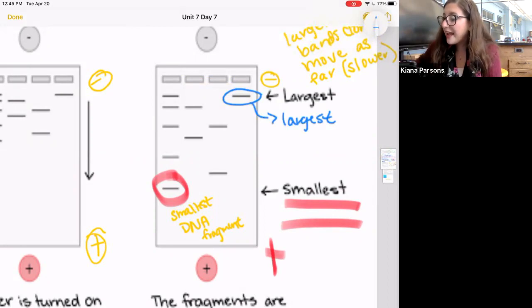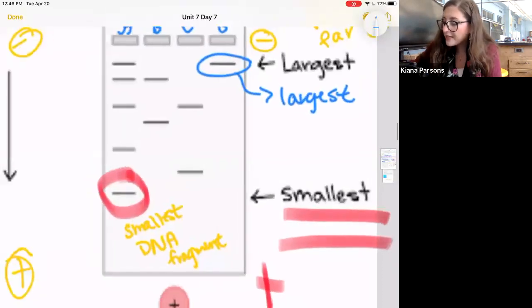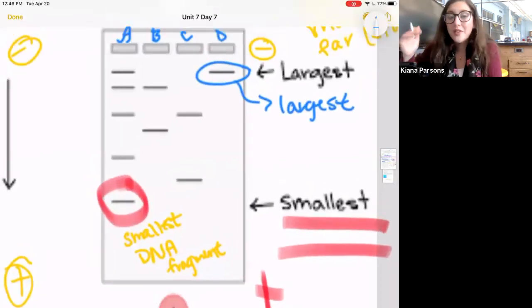And by comparing sample A to B, C, and D, we're just looking at the lines, how they read out, right? So each line represents where the fragment of DNA stopped, where the restriction enzyme actually cut that fragment of DNA.